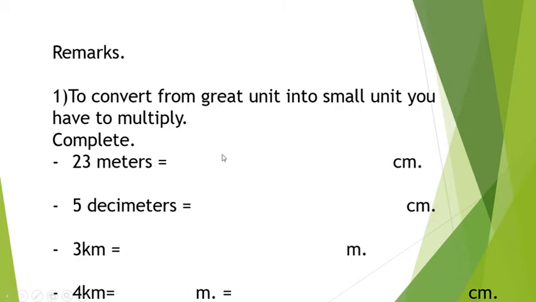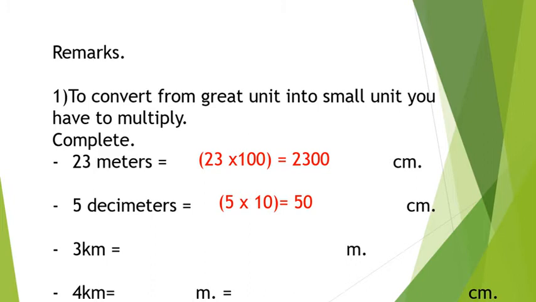Then 23 meters equal 2300 centimeters. 5 decimeters equal how many centimeters? 1 decimeter equal 10 centimeters. Then 5 decimeters equal 50 centimeters.